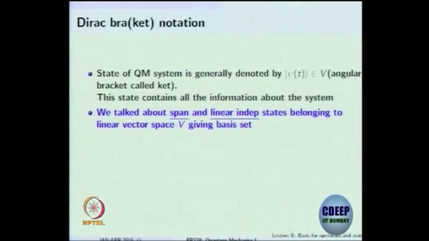And we talked about span. States can span the space, and you should also make sure they are linearly independent. If you have states that both span the space and are linearly independent, that collection is what you call a basis set for the vector space, and the number of states in the basis set defines the dimension of the vector space.